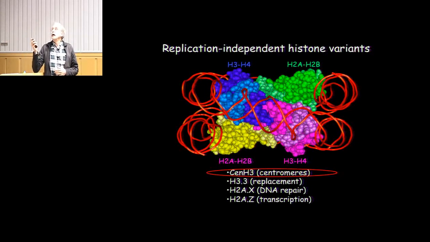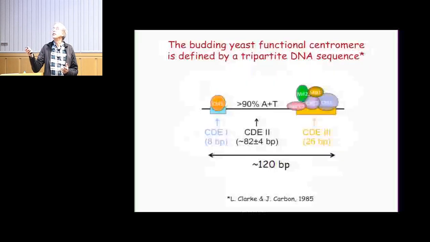Now, we'll start out with yeast, and the reason we like to study it in yeast is that it's long been known for some 30 years that yeast centromeres are determined by DNA sequence, and it's a tripartite sequence, variously referred to as CDE1, 2, and 3.